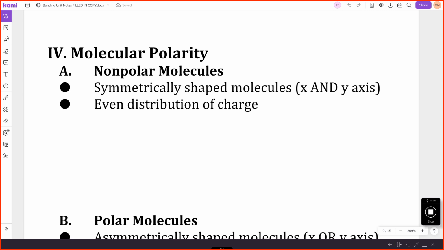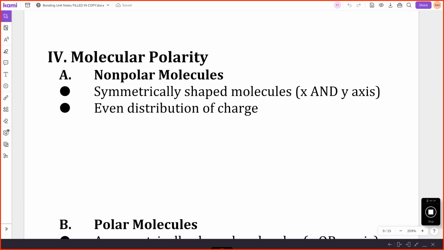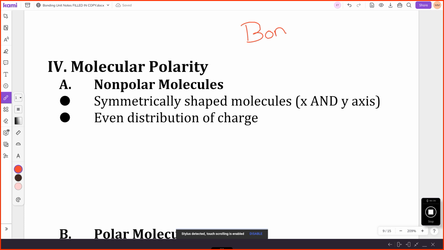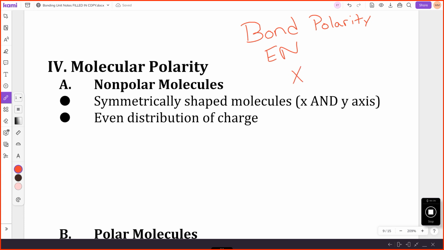We've talked about bond polarity. Let me just do a quick recap before we get into this topic. We talked about bond polarity in the last video, and bond polarity comes from the electronegativity. When you're dealing with two elements, element X covalently bonded to element Y, you have to take into account which element has a greater attraction for electrons.